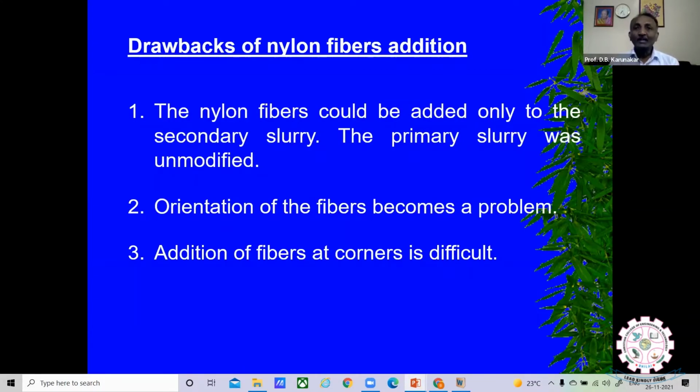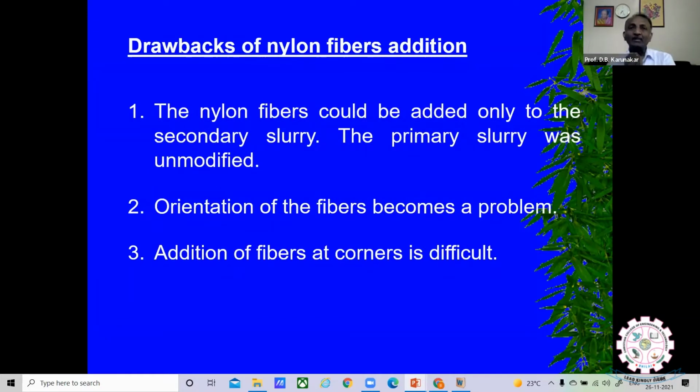Now, these nylon fibers could be added only to the secondary slurry, not to the primary slurry. If they add it to the primary slurry, the surface finish of the mold will be spoiled. Accordingly, even the surface finish of the casting will be spoiled. So they could not add these nylon fibers to the primary slurry. Only to the secondary slurry they have added.